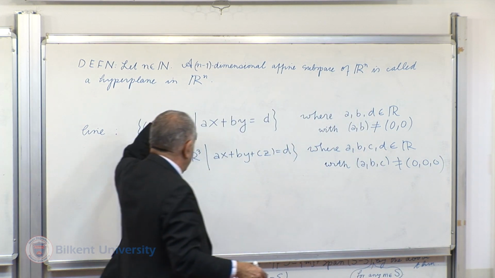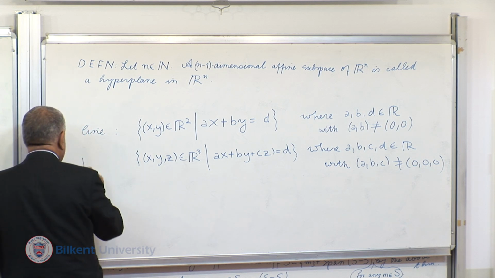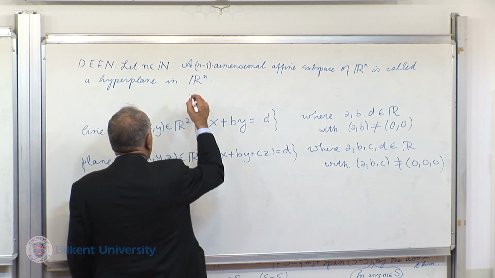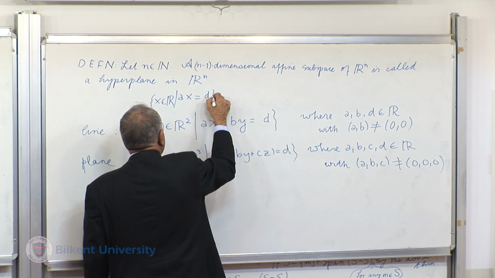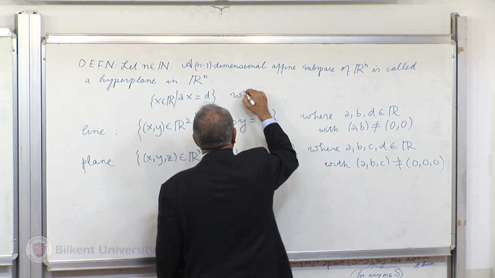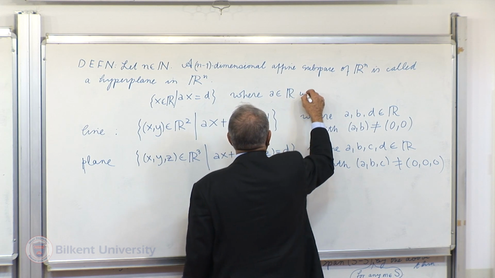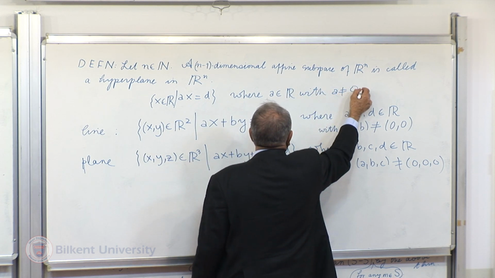In fact, we can write the counterpart of this. This is plane for point as well. Here you have such that AX is equal to D, where A is in R with A different than 0.